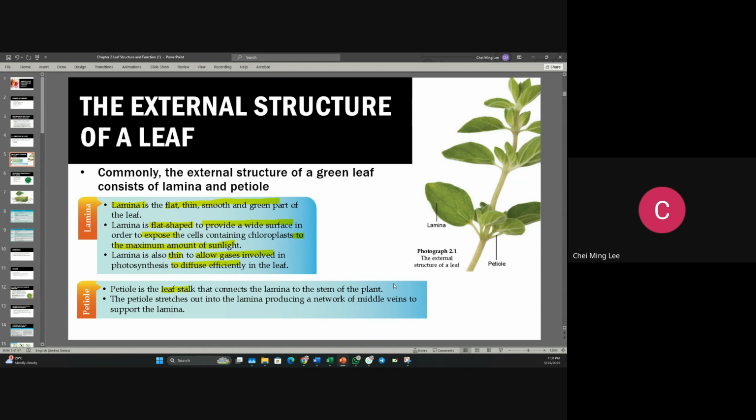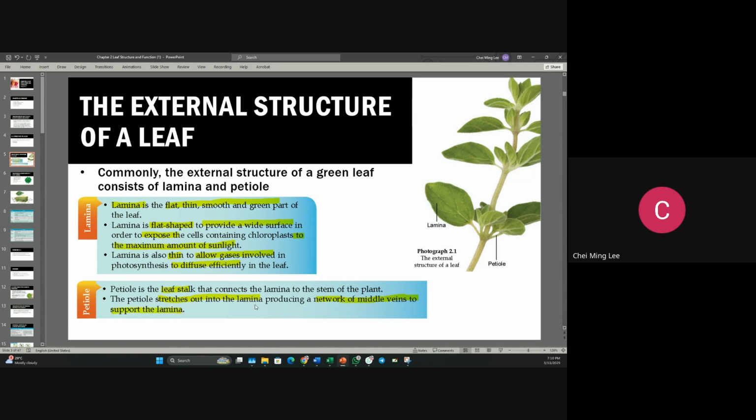So normally, after you take out the dermis layer, the skin inside is mostly made up of xylem and phloem. The petiole is stretched out into the lamina, producing a network of middle vein, so that it can support the lamina.